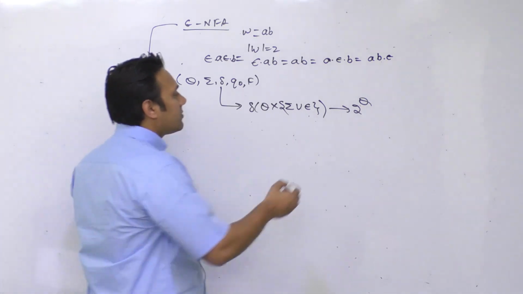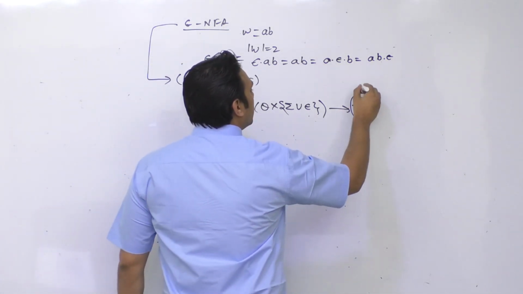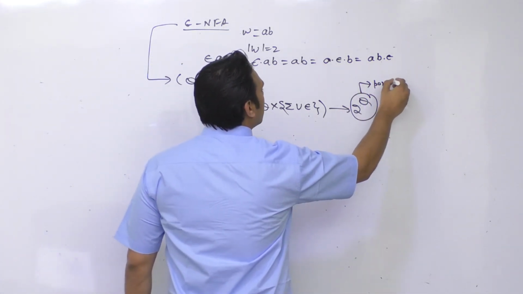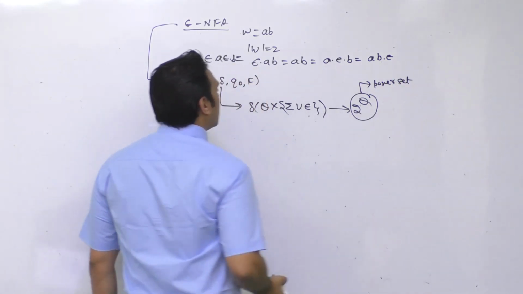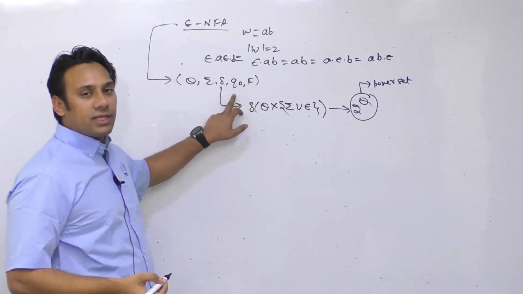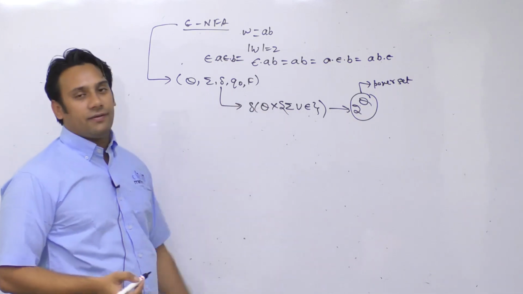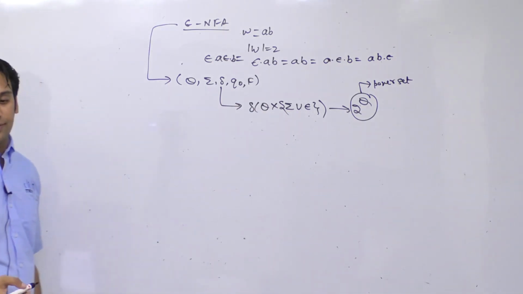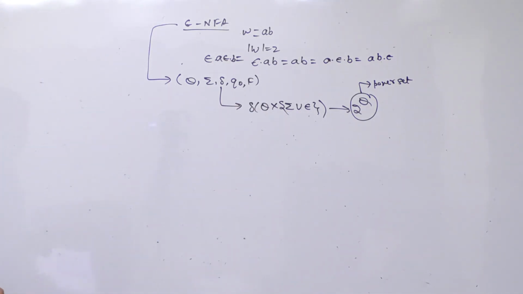And this 2 raised to power Q represents the power set. q0 is the same, the initial state, and F represents the set of final states. As I told you, the set of final states can also be empty.